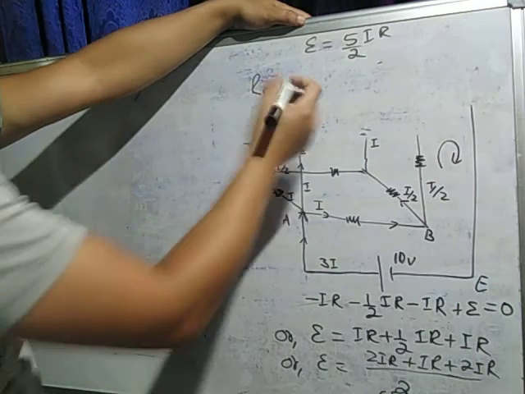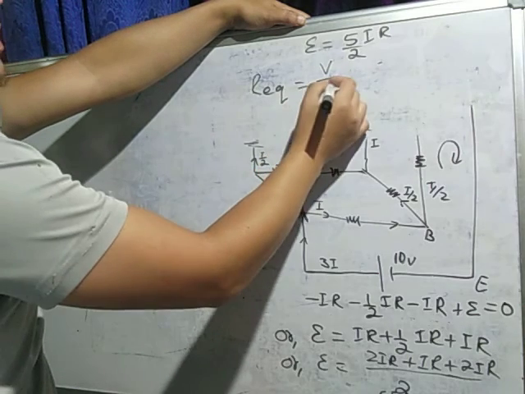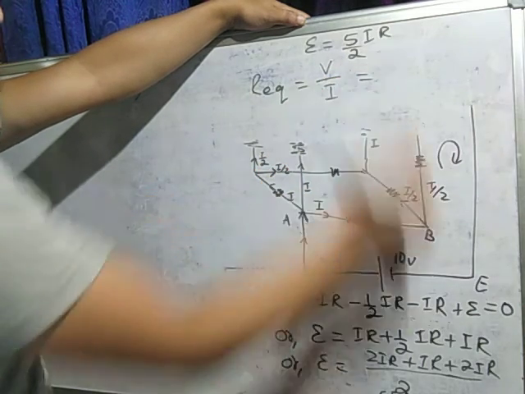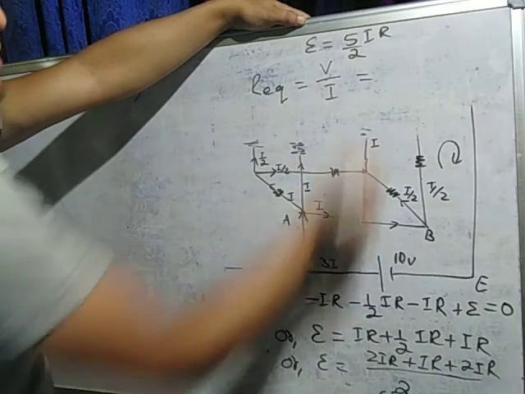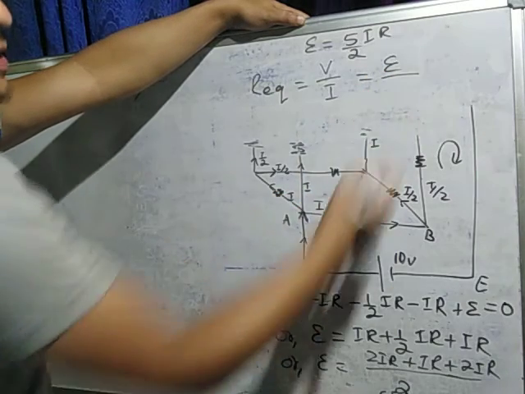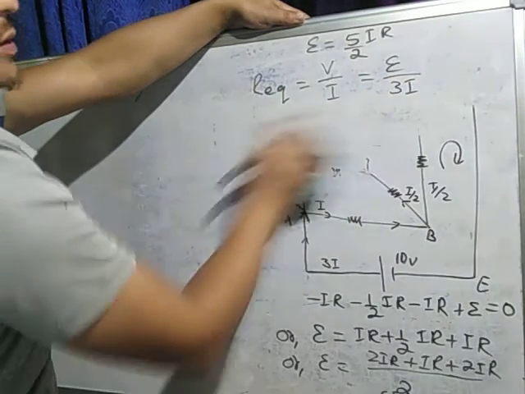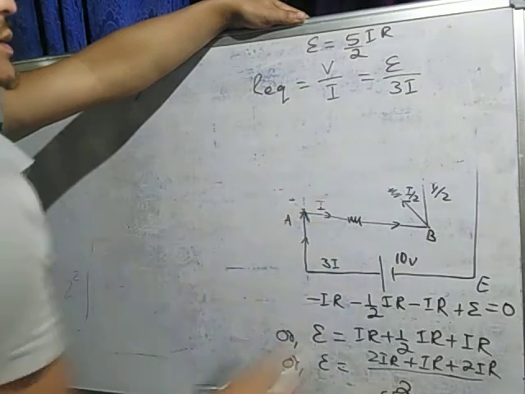Or V by I. So V how much, V by I. So V here is your EMF, I how much, 3I. Clear? Did you understand this line, did you have a problem with this line?